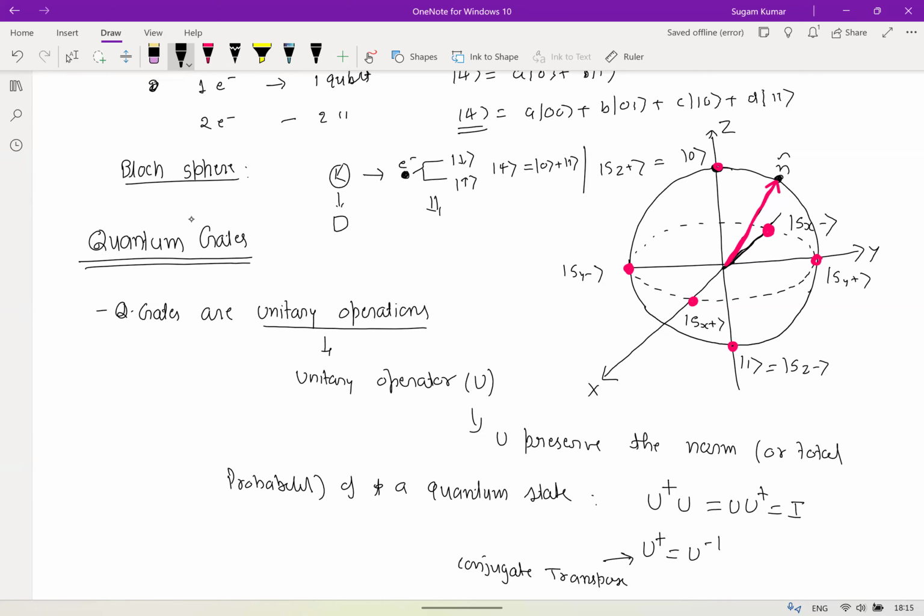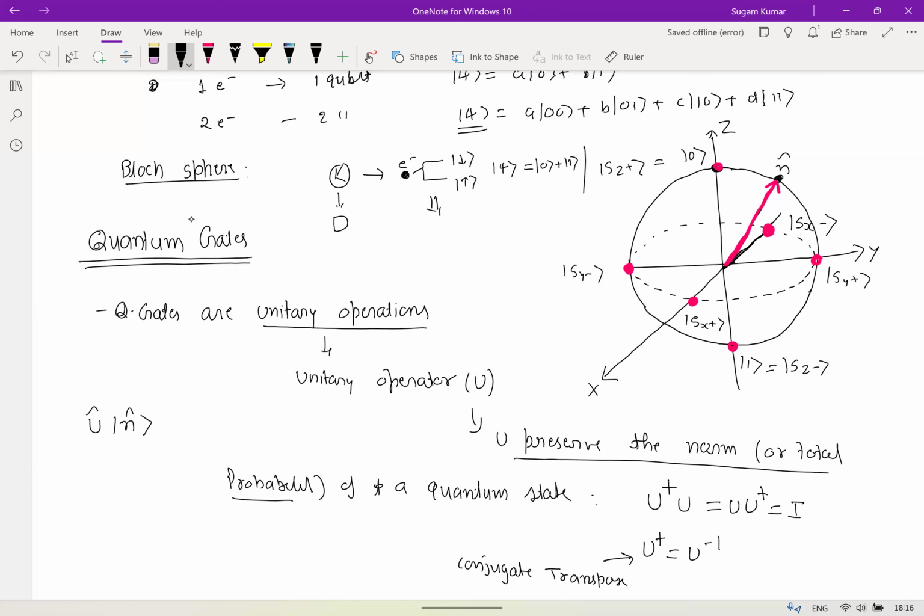So what does it mean when I say U preserves the norm, or total probability, of a quantum state? You can think like this: when you apply a unitary operator on a state, let us say n cap, it is going to rotate the point on the surface of the sphere.